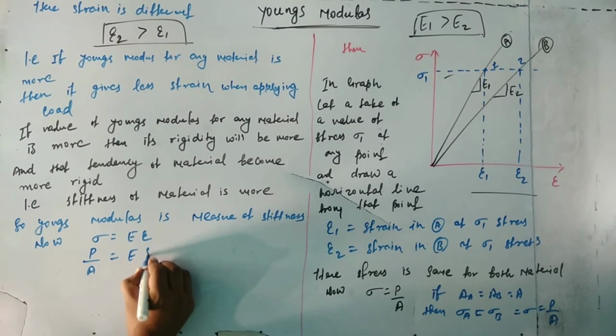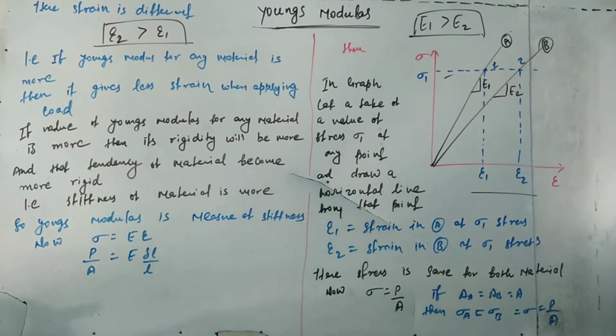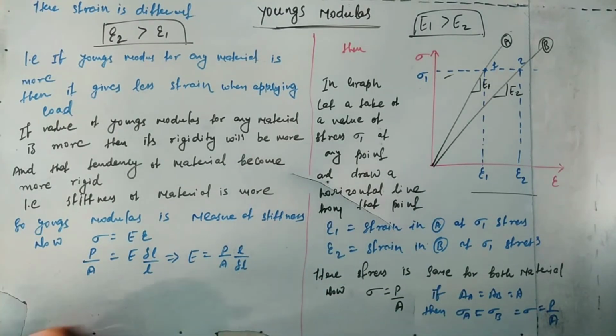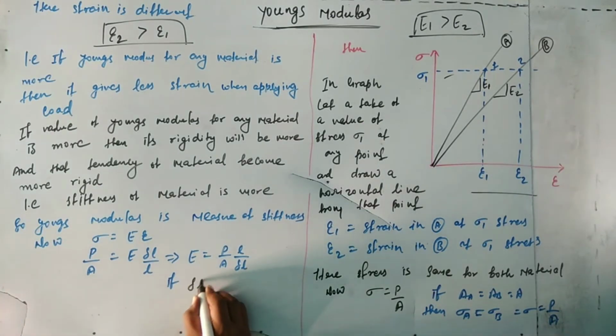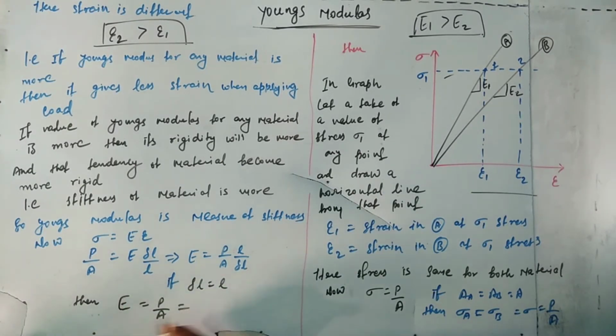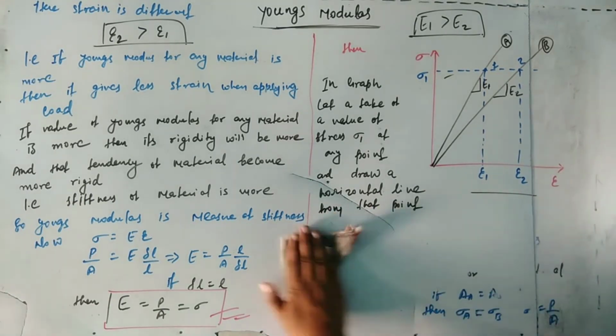Now sigma equals E epsilon. So sigma equals P by A equals E into del L by L, or E equals P by A into L by del L. If del L is equal to L, then the equation will be E equals P by A, and it equals sigma.